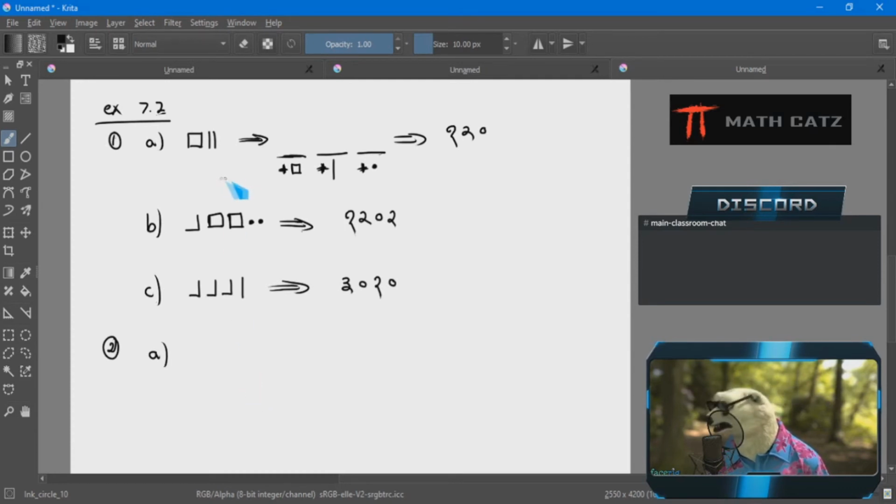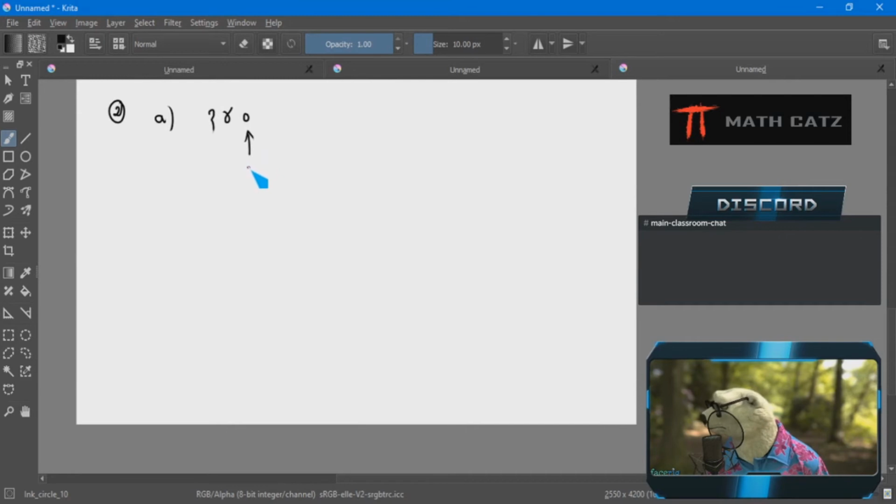Now, we are converting the other direction. So in A, we have the following number. So now I remember, okay, let me write arrows underneath here. This will represent the number of rocks.